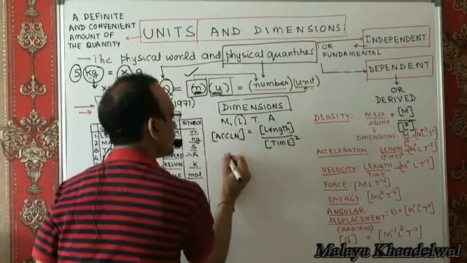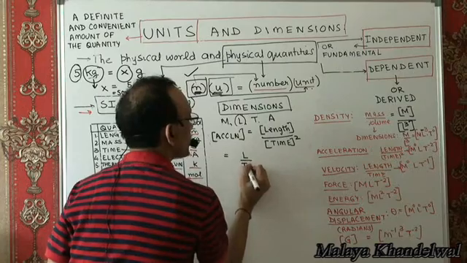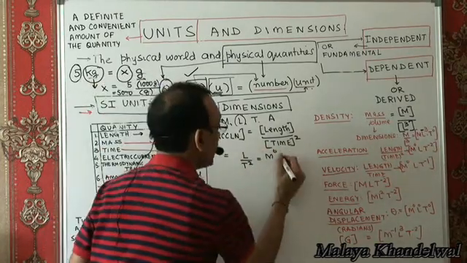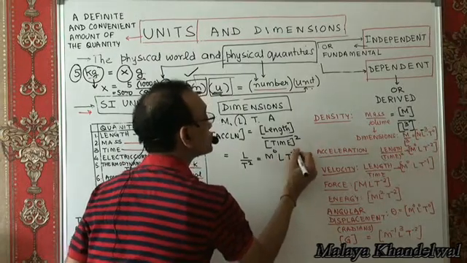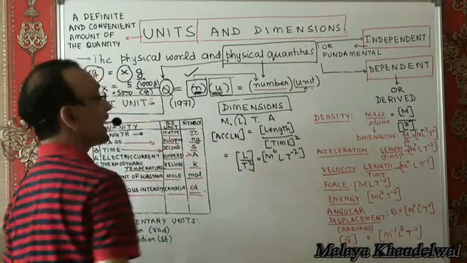So which is like L by T squared, which is like M to the power 0, there is no mass involved, L T to the power minus 2. These are the dimensions of acceleration.